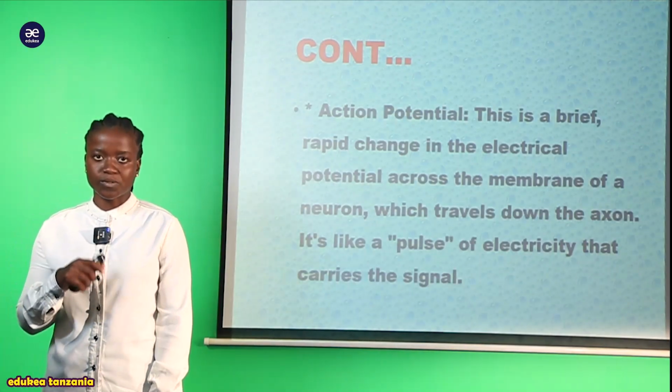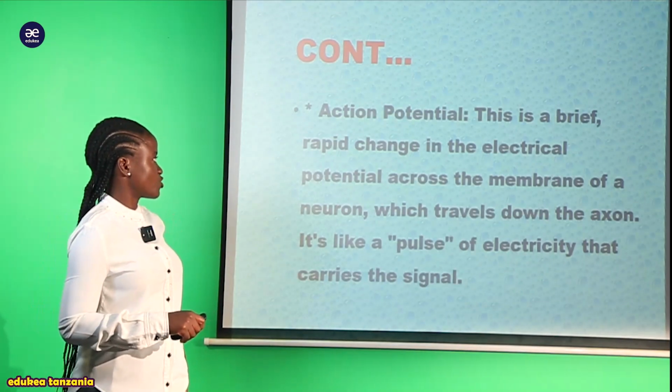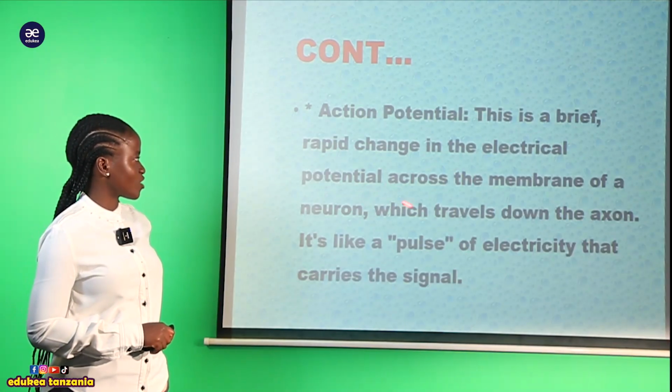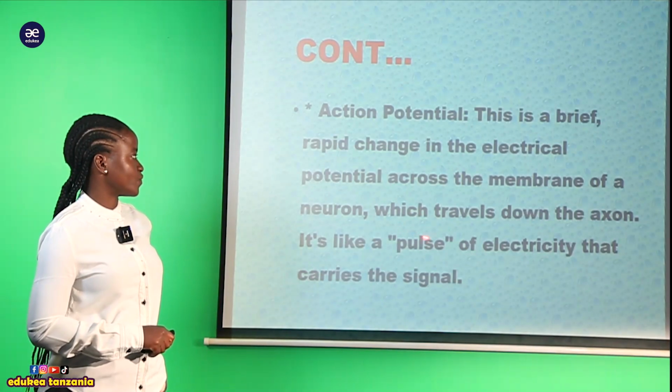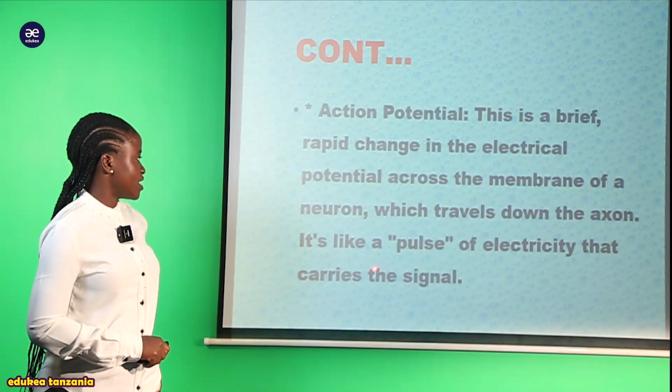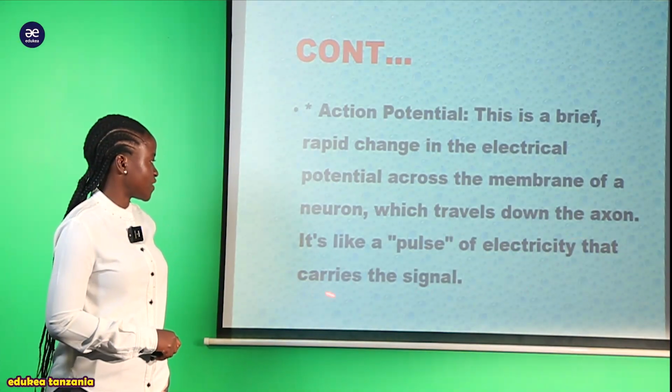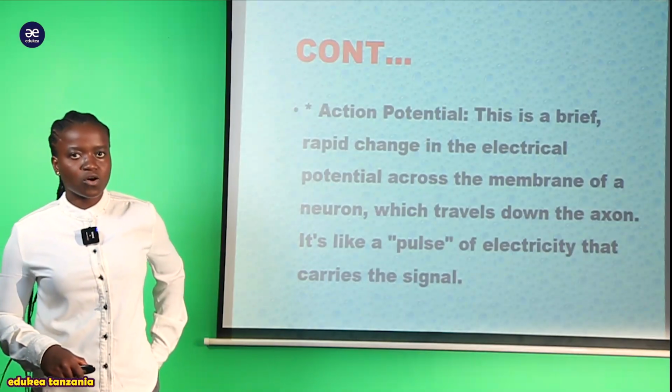Also, what is action potential? Here we are saying that action potential is briefly a rapid change of the electrical potential across the membrane of the neuron, which travels down the axon. It's like a pulse of electricity that carries the signal.